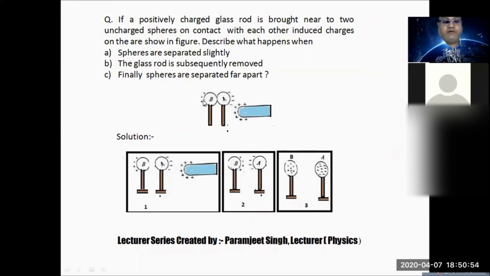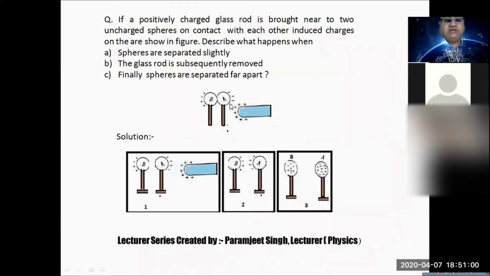Electrons from the further surface of the metal sphere are shifting towards this surface of sphere A, making it negatively charged, and here the deficiency of electrons makes this surface positively charged. This whole phenomenon is described in these three lines.